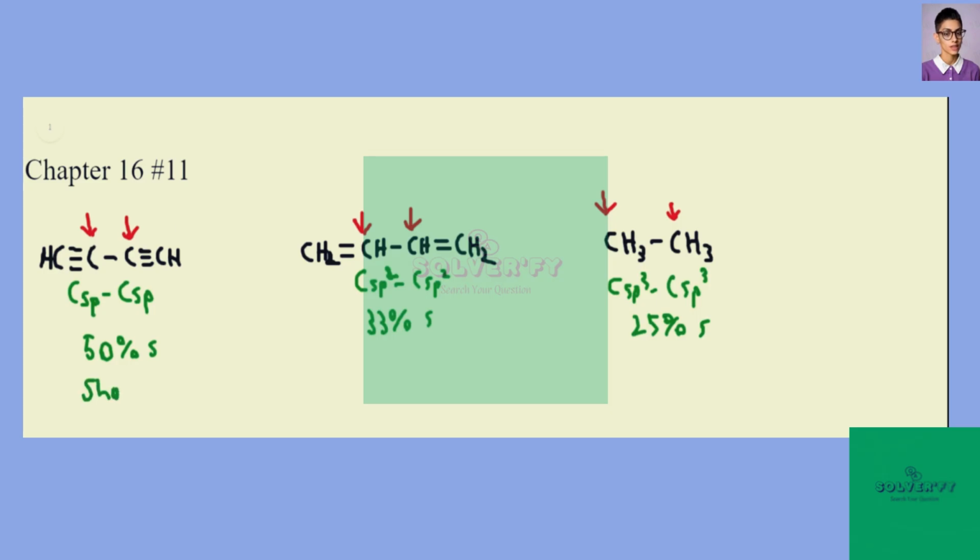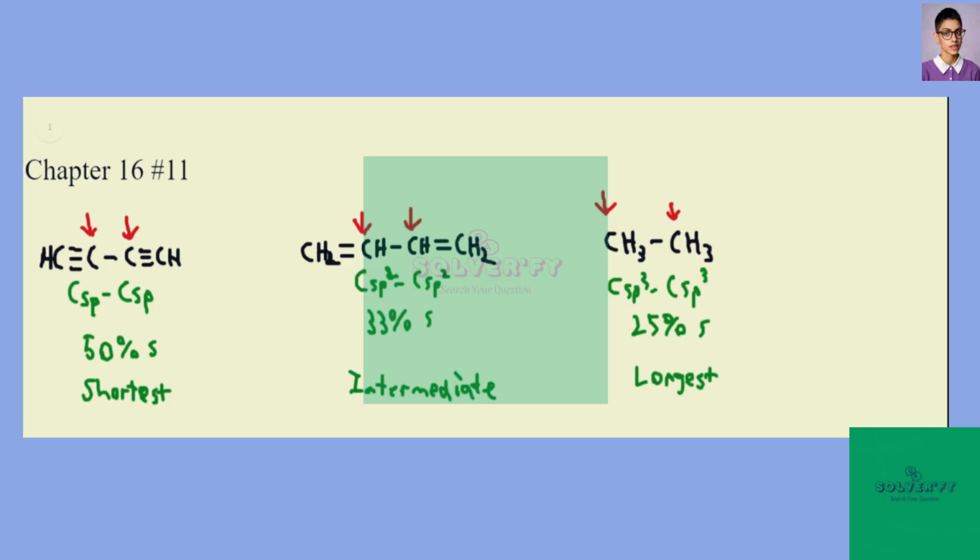So this will be the shortest because it has the most S character. And the single bond in ethane will be the longest because it has the least S character. And that's going to put this middle molecule right in the middle. So intermediate.